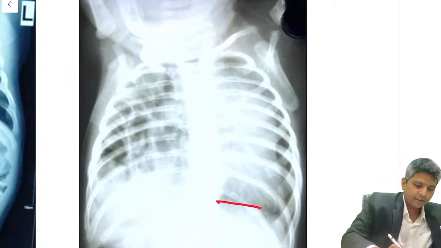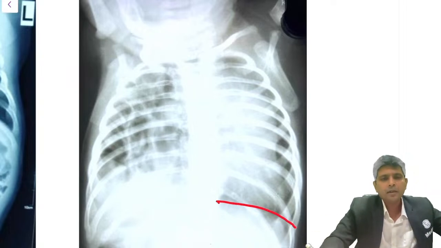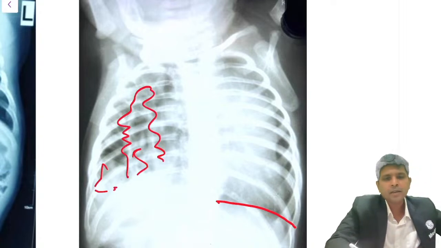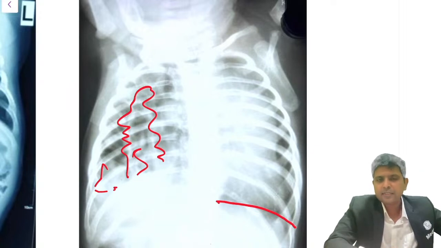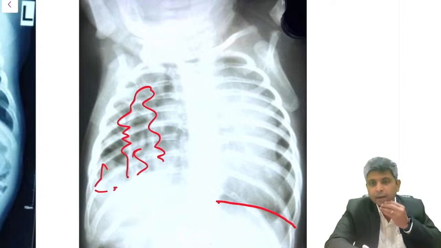You can trace the diaphragm border from here to here, but here you cannot trace the diaphragm border, and you can see multiple cystic lucent spaces in the right lung. So this is a case of right-sided congenital diaphragmatic hernia.